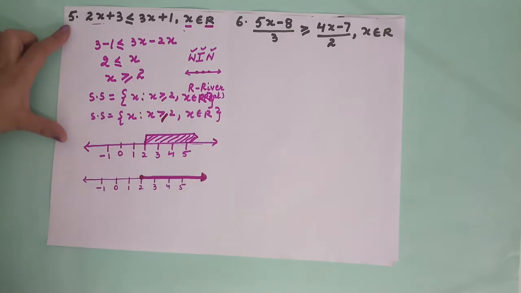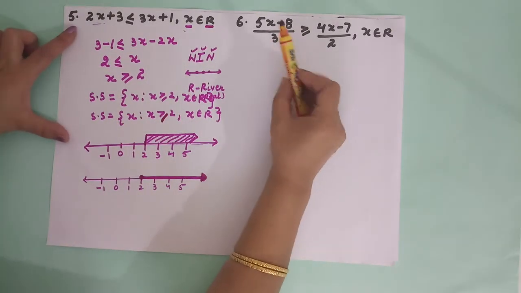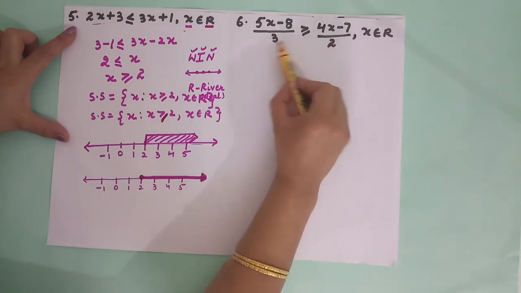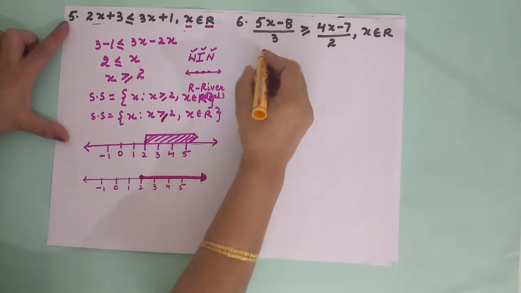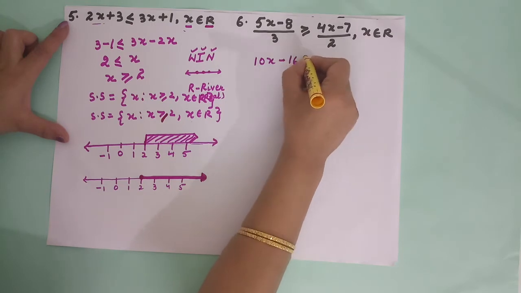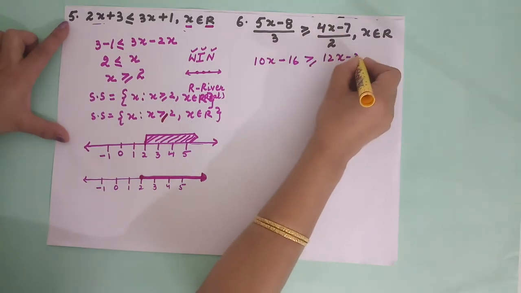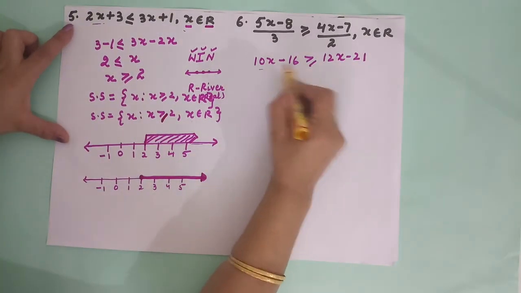Both are correct. Okay, let's go to this inequation. Now here on both sides of the inequation you have only one term, so we don't need to take the LCM. We will cross multiply. 2 5s are 10x minus 16 is greater or equal to 4 3s are 12x minus 21, and x belongs to R. So x on both the sides.